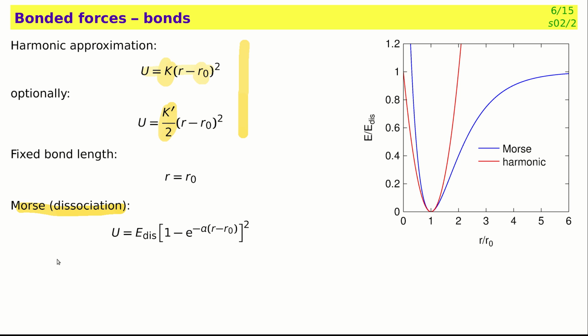Also, often this is too complicated, especially for bonds that contain hydrogens. Hydrogens are fast. That is, another approximation is just to use a fixed bond length. At the simplest level, this is the case of water potential.